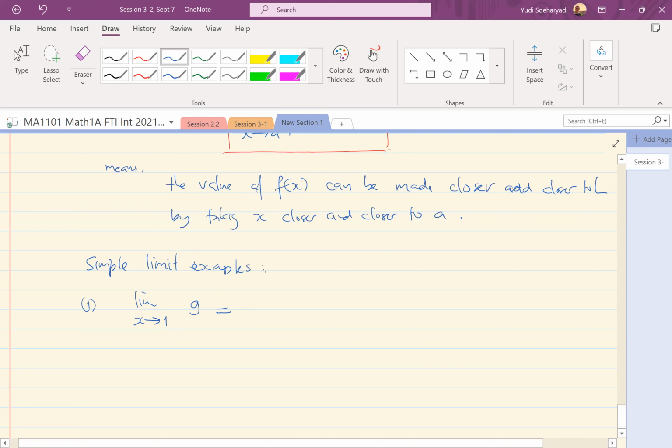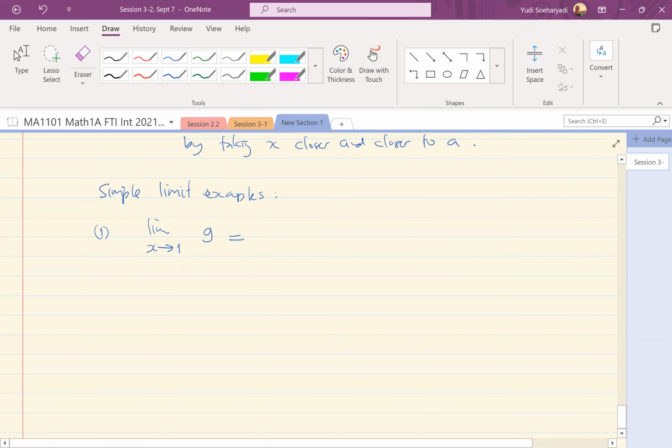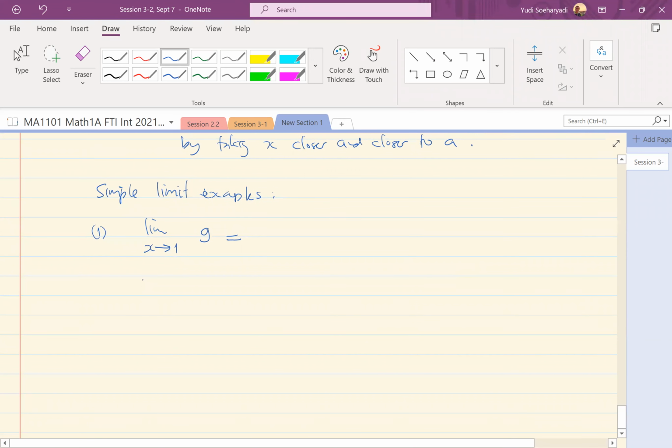Pictorially, this looks like this is a constant function. Okay, this is 1.